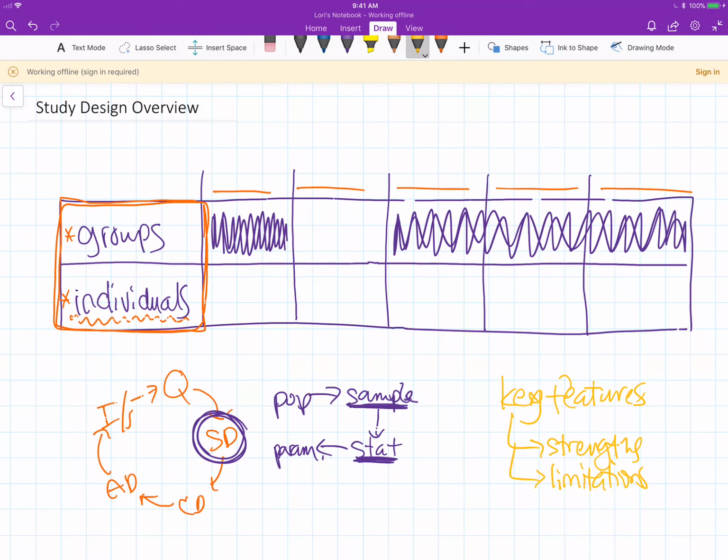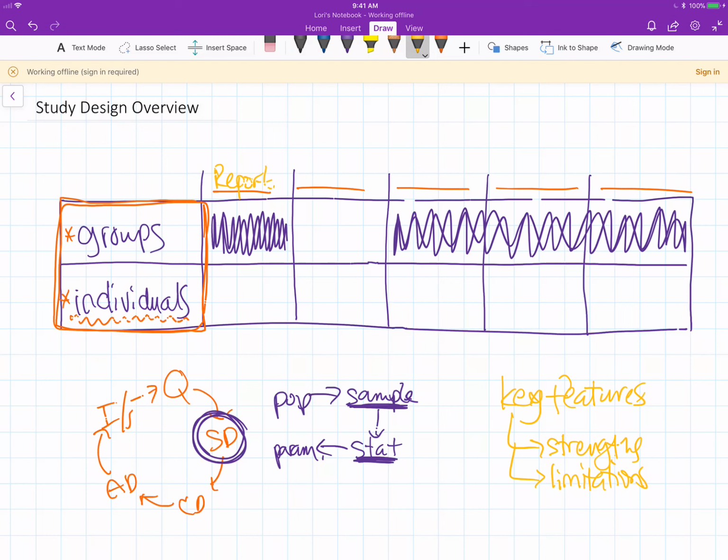So let's start off here on the left-hand side, and the first type of study design, I'm going to put up here at the top, is report. That's a key word that will help you remember it. Think about the last time you wrote a report. Maybe it was a book report. You wrote about a book.